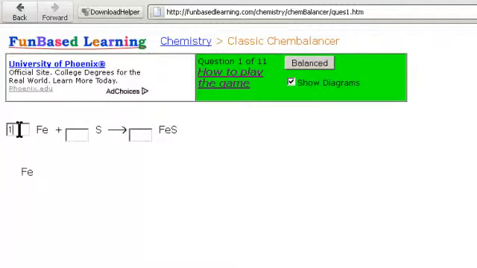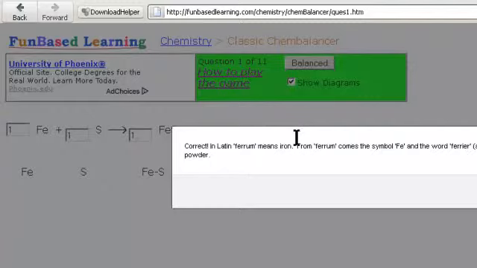So I'm going to click 1 for iron, 1 for sulfur, and 1 for iron sulfide, and click balance. It says correct. It also tells you that the iron, Fe, comes from the Latin ferrum, which means iron, and the farrier, which was a blacksmith who put iron shoes on horses.